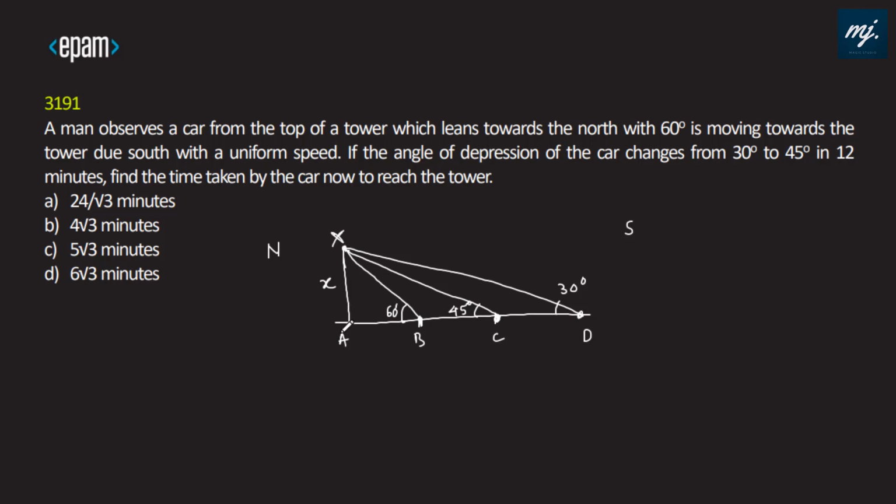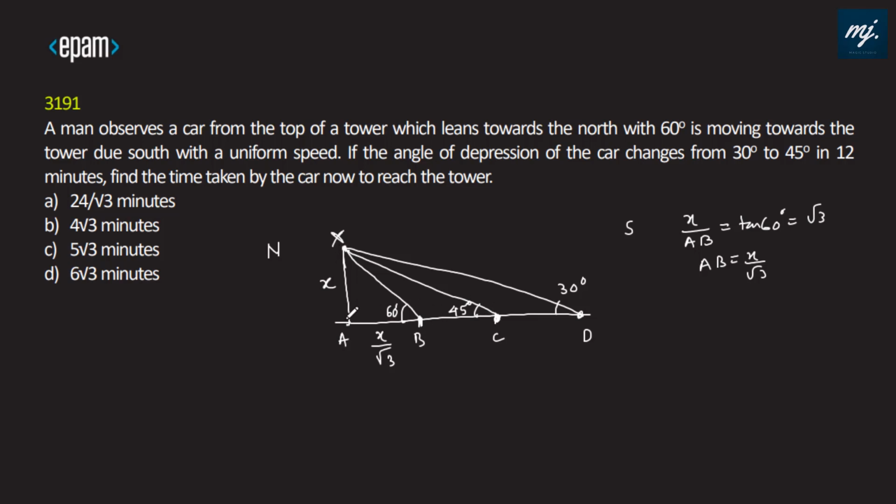Now in the first triangle XAB, x by AB is equal to tan 60 degrees, that is root 3. That means AB is x by root 3. This distance we have got is x by root 3. Now triangle XAC, it is 45 degrees.